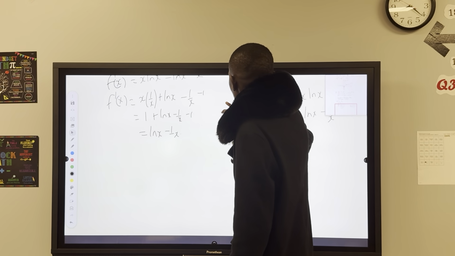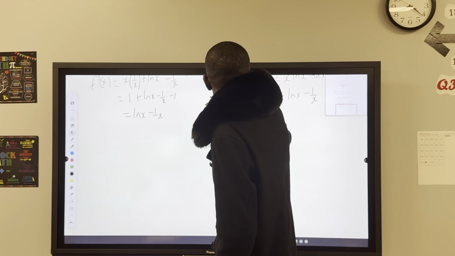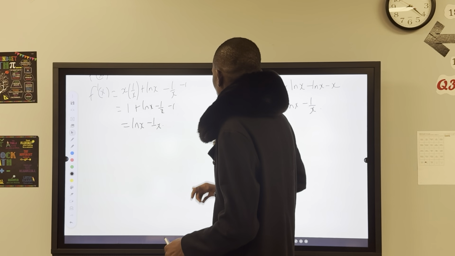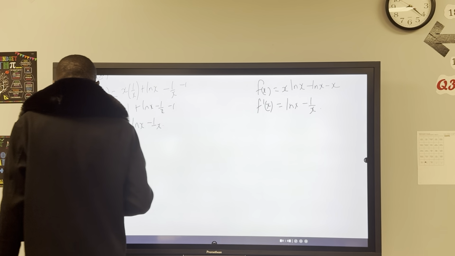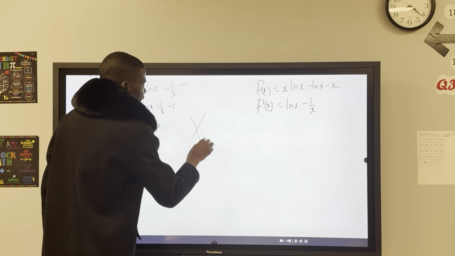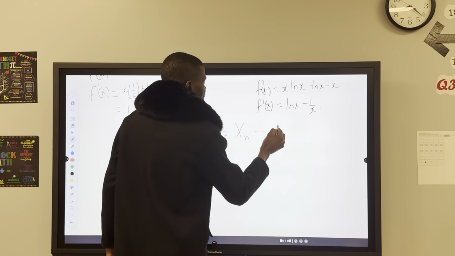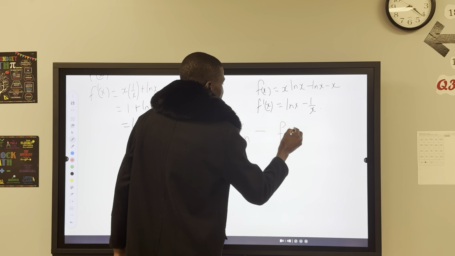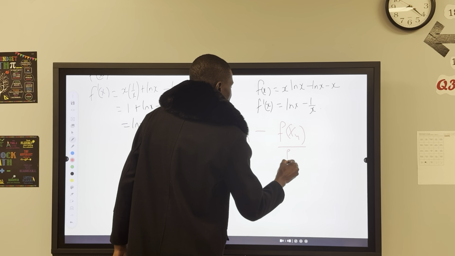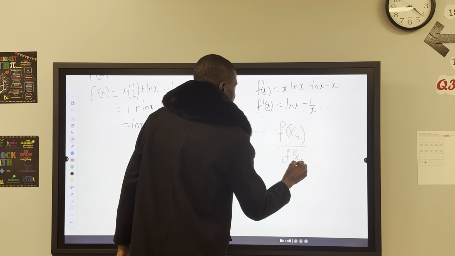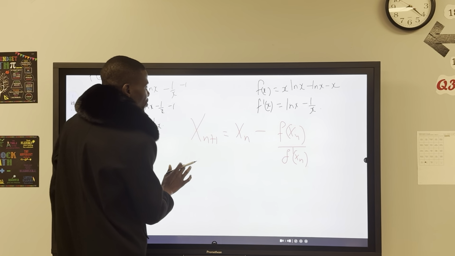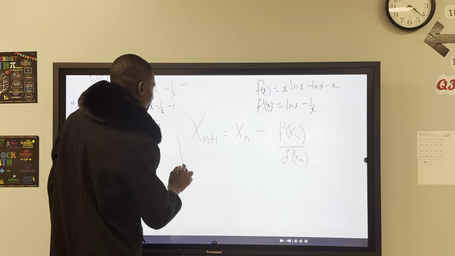So now let's go ahead and apply the Newton-Raphson method twice. Remember the formula for the Newton-Raphson method: x(n+1) is equal to xn minus f of xn over the first derivative at xn.